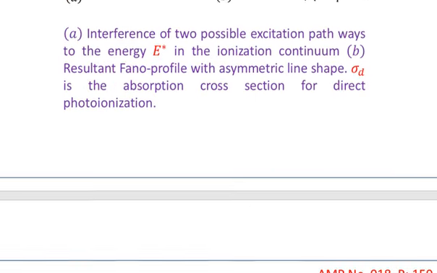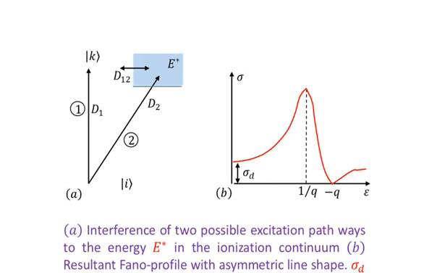So D1 represents the probability amplitude for the transition from the I state to the K state, where the K state belongs to the state where the molecule is neutral, and this state is lying above the dissociation energy of the molecule as well.